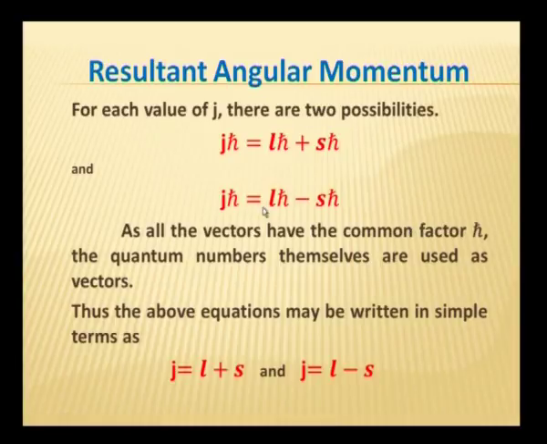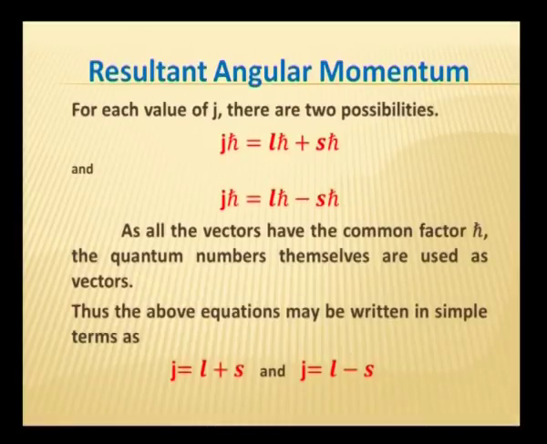In the second case, the two vectors L and S are oppositely directed. In the first case, S has up spin, the spin is in the upward direction, with this being the magnetic field direction. In the second case, the spin is in the downward direction. All the vectors have the common factor h bar.